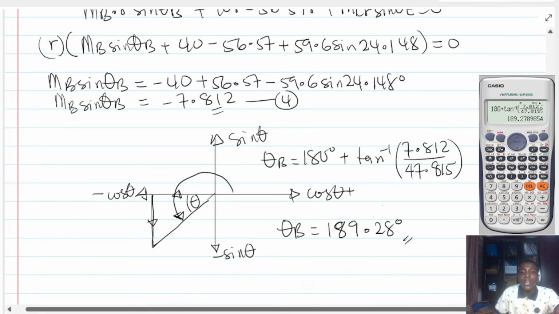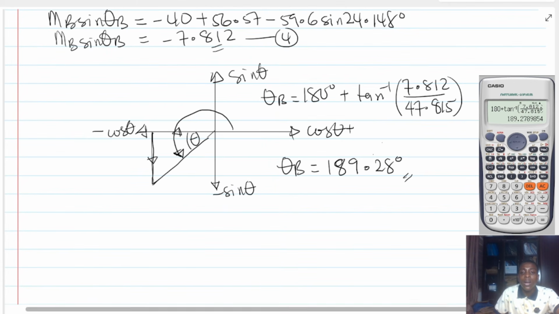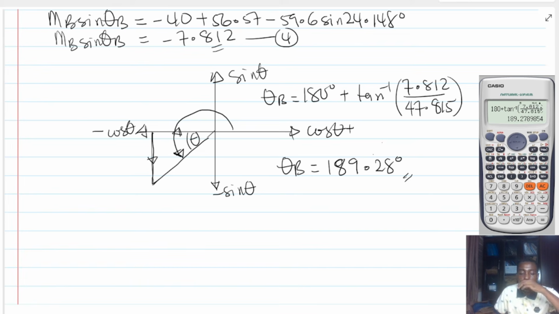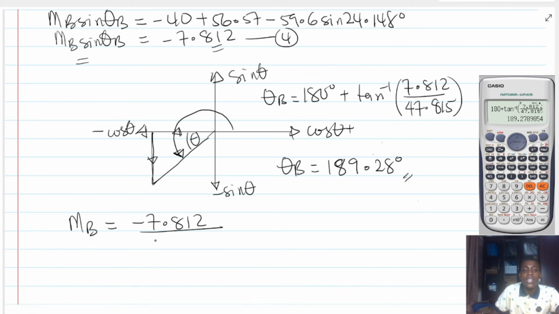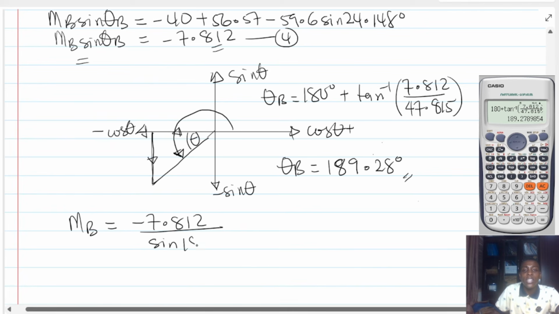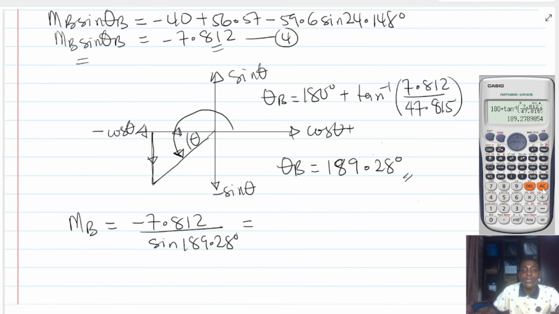So if I want the mass B, I can put theta B in any of the equations. So let's say if I choose the sine theta, then mass B is going to be minus 7.812 divided by sine theta B, which is 189.28. And what am I going to get?